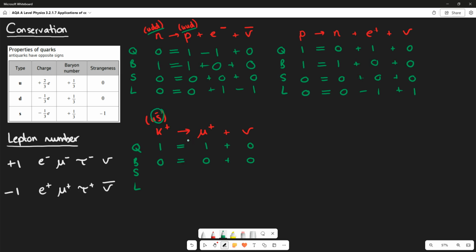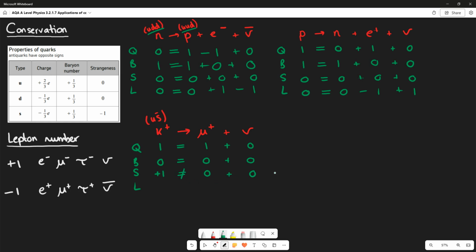Strangeness. Here we have a strange particle. Remember that the strange quark has a strangeness of -1. The anti-strange has a strangeness of +1. So this has a strangeness of +1. That's a lepton, it's not made of quarks. Same with this one. So this is not conserved.